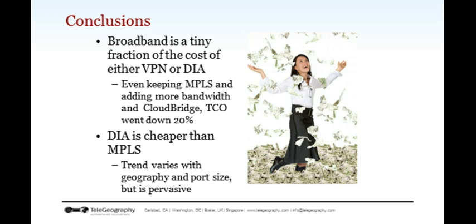Or in the alternative, if you're looking at the DIA environment, DIA is significantly across the board cheaper than MPLS if you can use that as an alternative to your MPLS. That certainly varies with the geography and the port size, but that trend is pervasive across the globe between VPN and DIA.